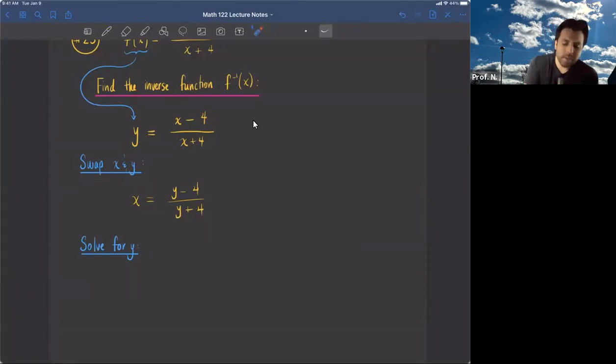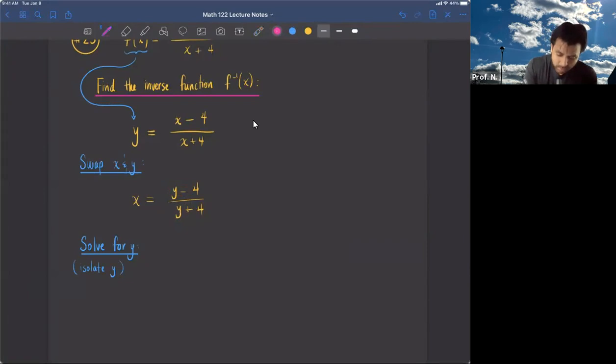Now remember, when we say we want to solve for y, what is it that we're trying to do? We're trying to isolate y. I want to get y by itself. What's the problem? I got y in the numerator and I got y in the denominator. Remember, we cannot cancel anything out because of this minus and this plus. We can't do that. So what is the only thing that I could do at this point in time?